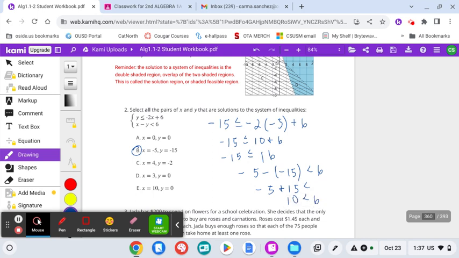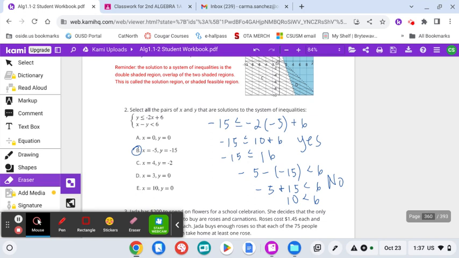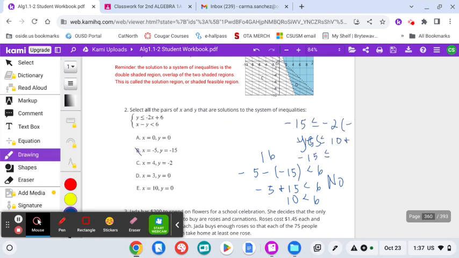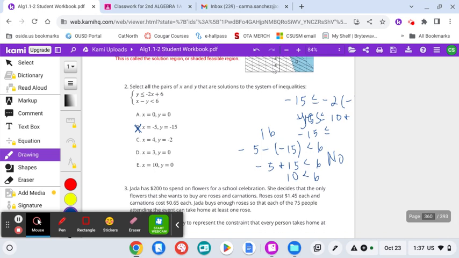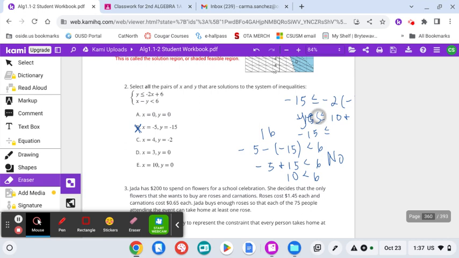Is 10 less than 6? No. So since it doesn't satisfy the second one, even though it does satisfy the first, we are not going to choose this as a solution to our system because it does not satisfy both. So you're going to go test A, C, D, and E and see if you get 2 yeses to make it satisfy both and be a solution to your system.